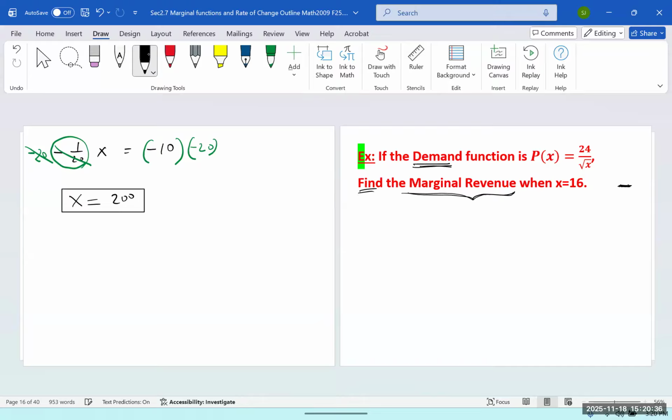They gave us completely different thing. They gave us demand, but they're asking for marginal revenue. So how can you connect these two concepts? They gave us demand, but they want us to find the derivative of the revenue.